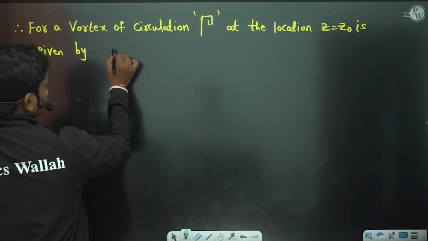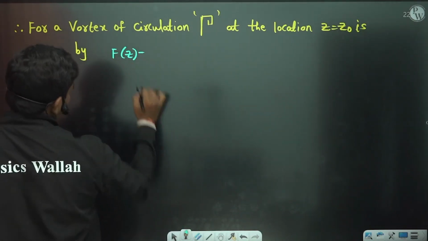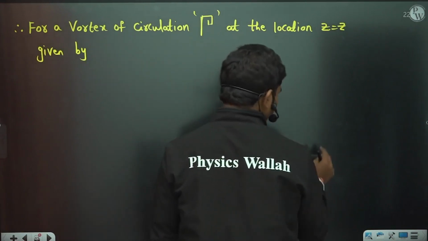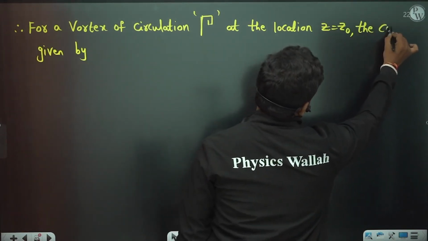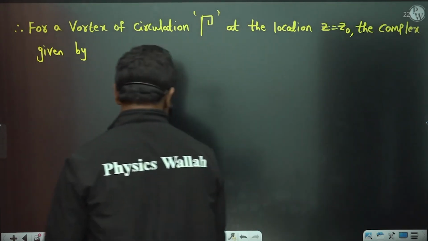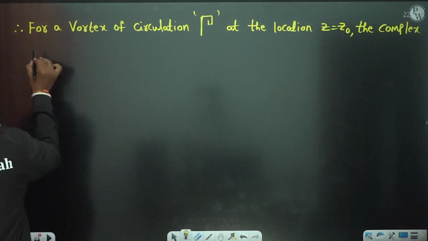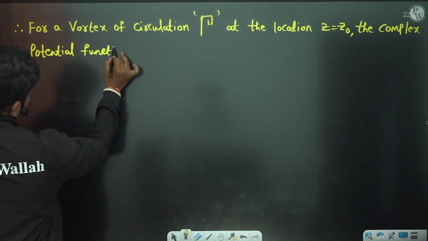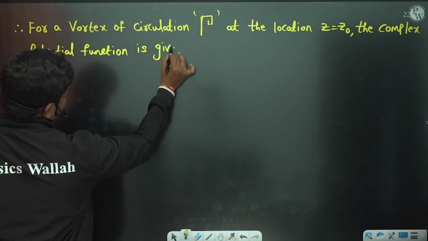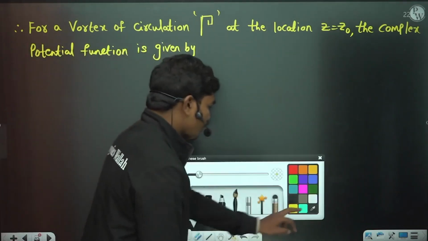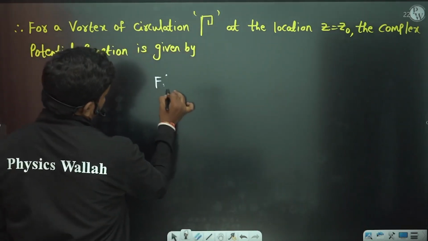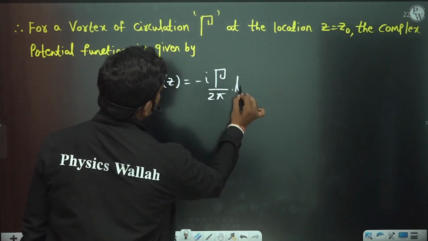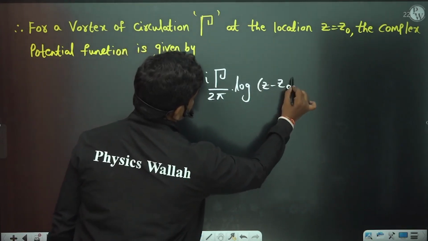This is given by f of z. At location z is equal to z0, the complex potential function is given by f of z is equal to minus i times circulation by 2 pi into log z minus z0 to the base e.